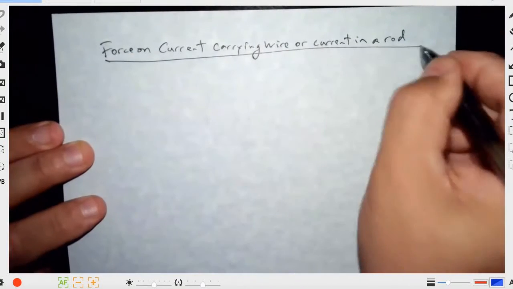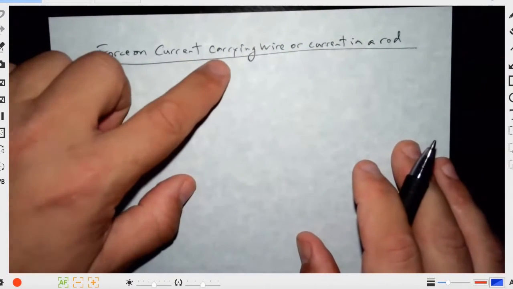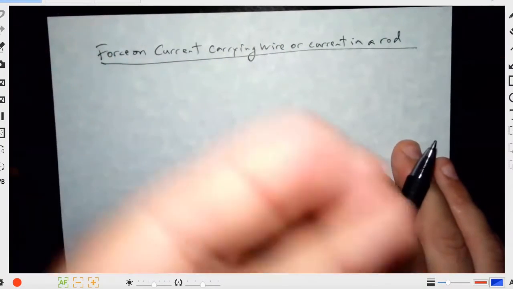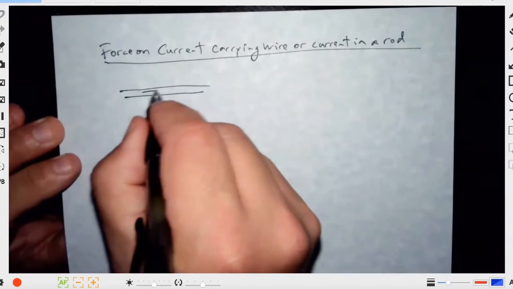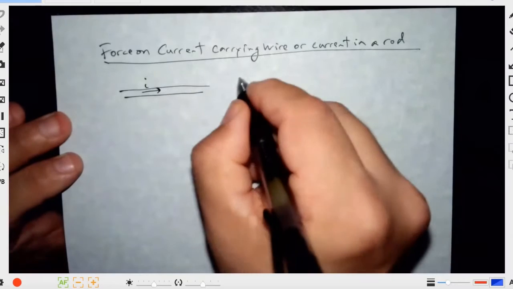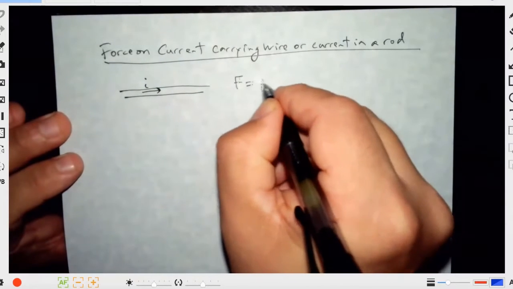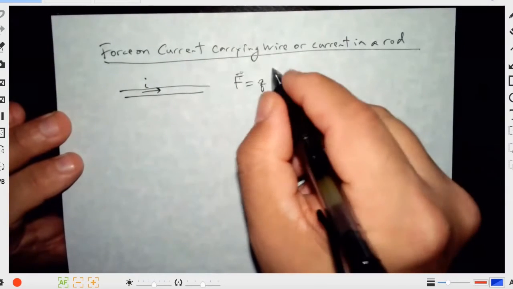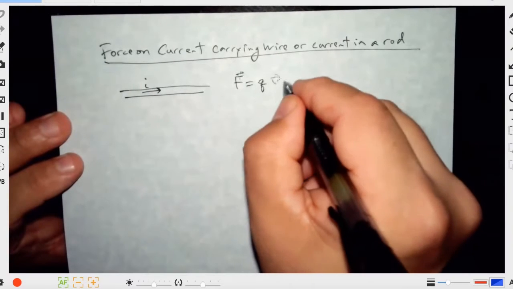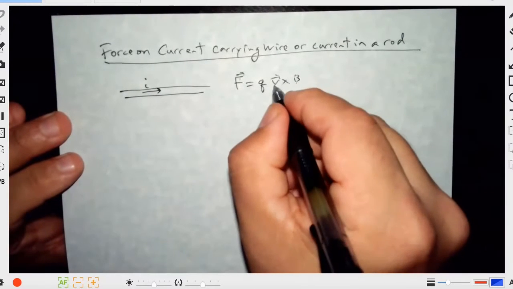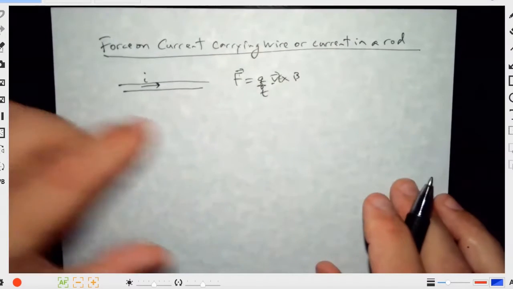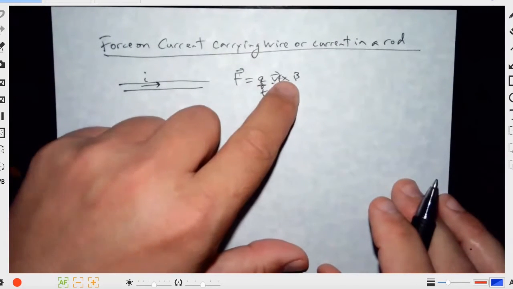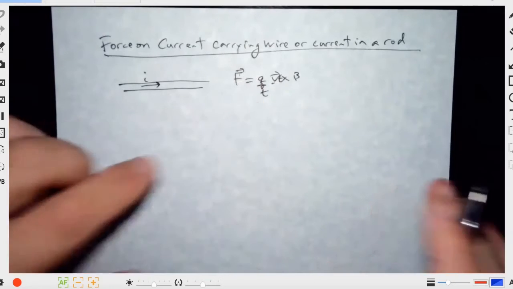So since current by definition is moving charge, if you look at the equation, force equals Q v crossed into B, what I can do is divide this by t and multiply this by t, and then I can say Q over t is the current.